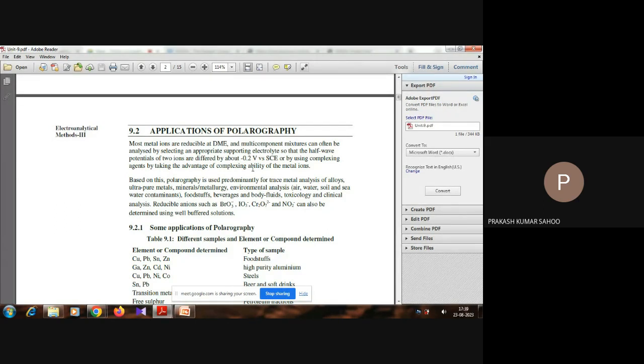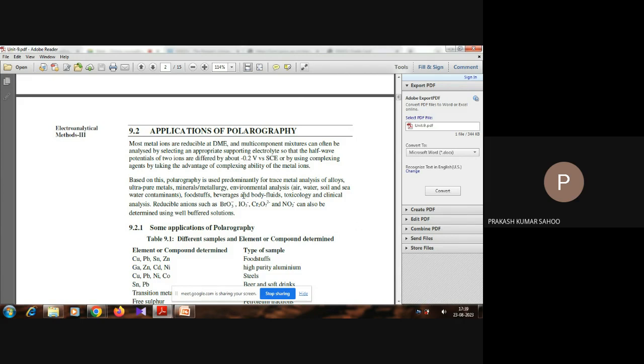Most of the metal ions are reducible at DME because they will form amalgam. If it is copper, then copper 2 plus changes to copper 0, and it will settle on mercury. So that becomes one amalgam. Like zinc also forms zinc mercury amalgam.